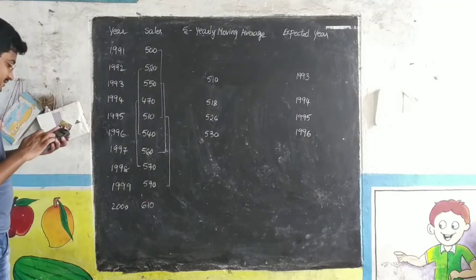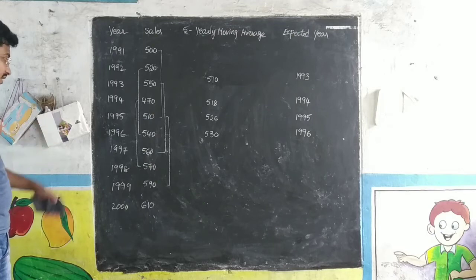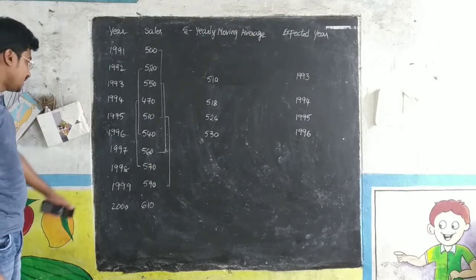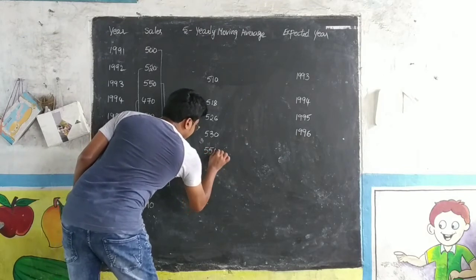Next 5 years. 510 plus 540 plus 560 plus 570 plus 590 divided by 5 is 554. The middle year is 1997.